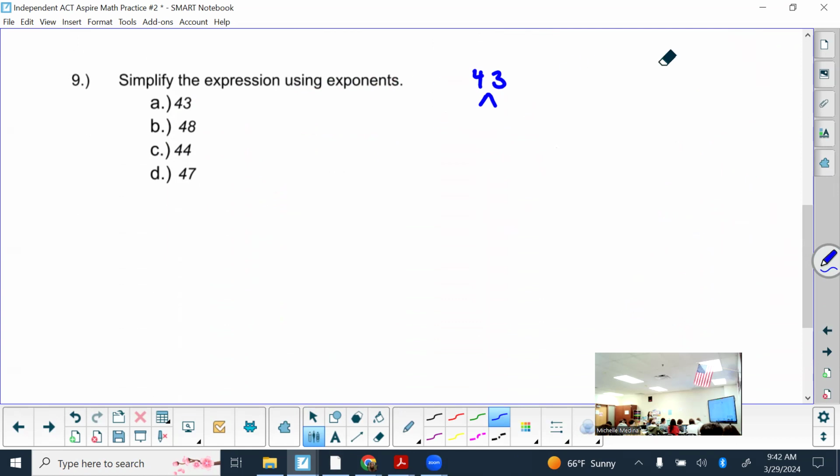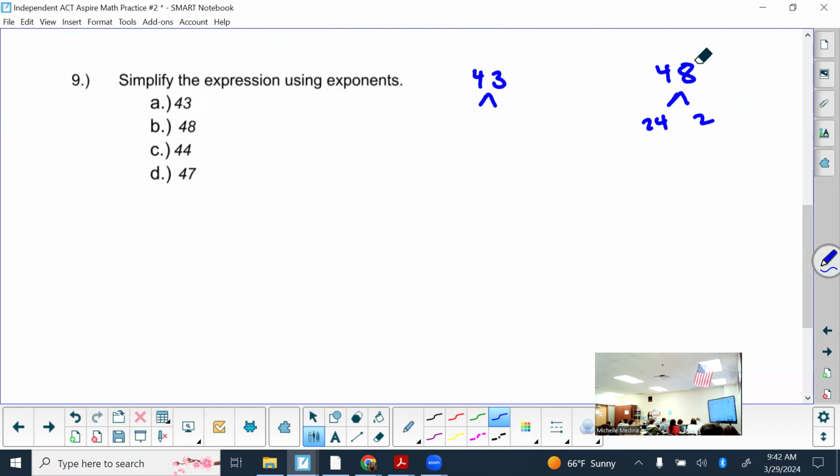Okay, then maybe let's get that one. Let's look at 48. What are two numbers that multiply to 48? 24 and... 24 times what is 48?